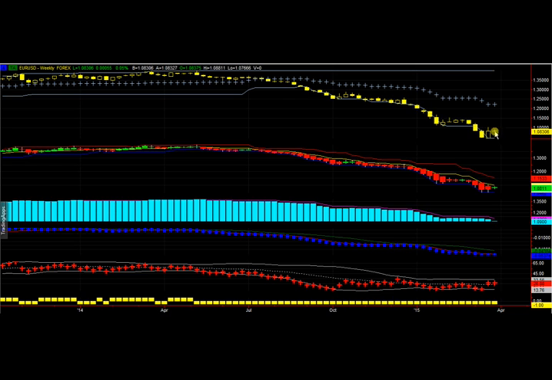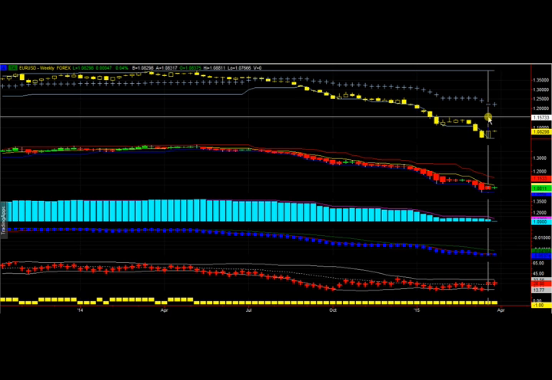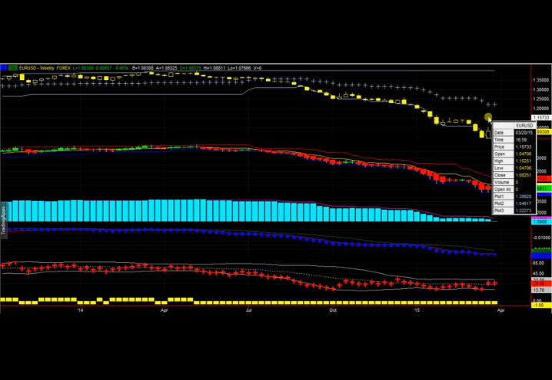Otherwise, we're really going to trade within that bar, 104 to 108 area, and just chug along and go sideways before the euro decides which way it wants to go next.